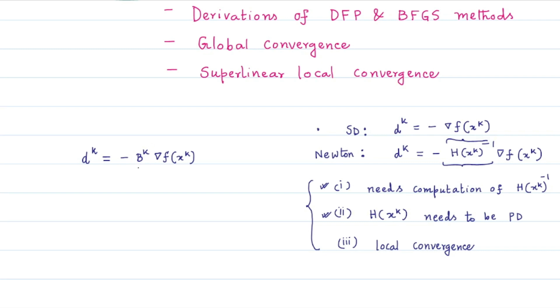So what we can expect is that along this direction, if we move, then we are moving along a direction which is approximately the direction along which the function has bending information.